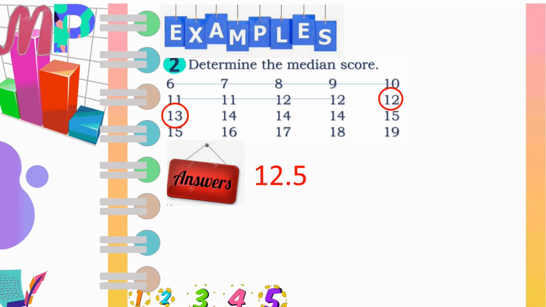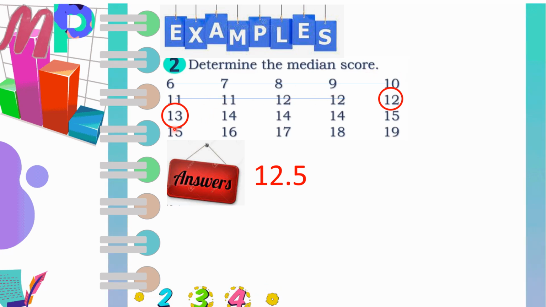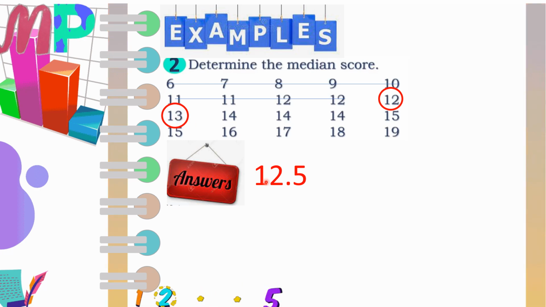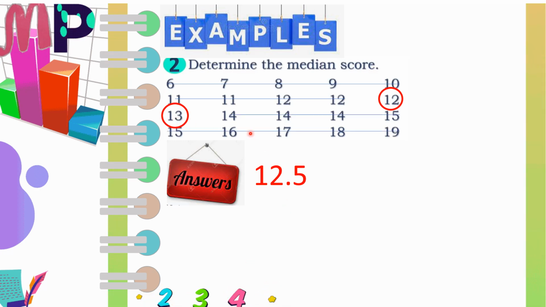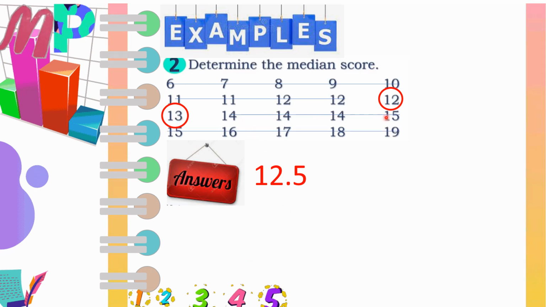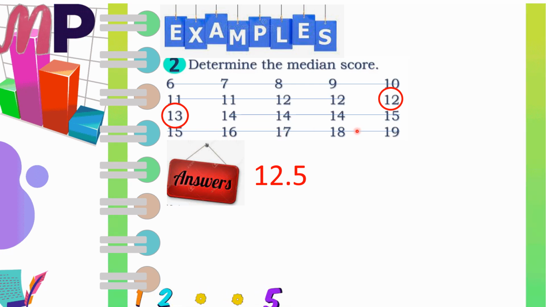Notice that there are 1, 2, 3, 4, 5, 6, 7, 8, 9 scores on the left side of 12 and 13, and another 1, 2, 3, 4, 5, 6, 7, 8, 9 scores on the right side of 12 and 13.